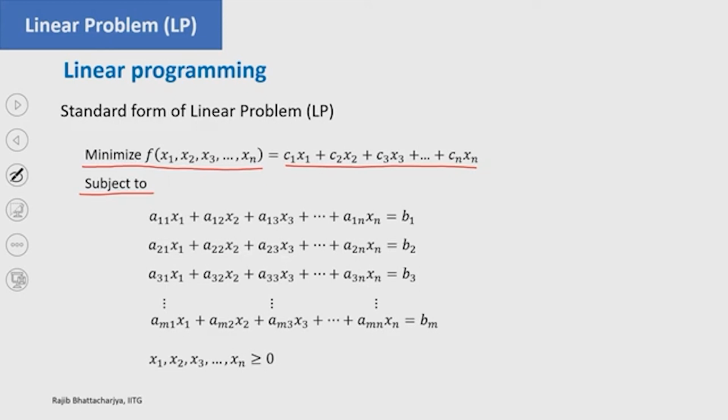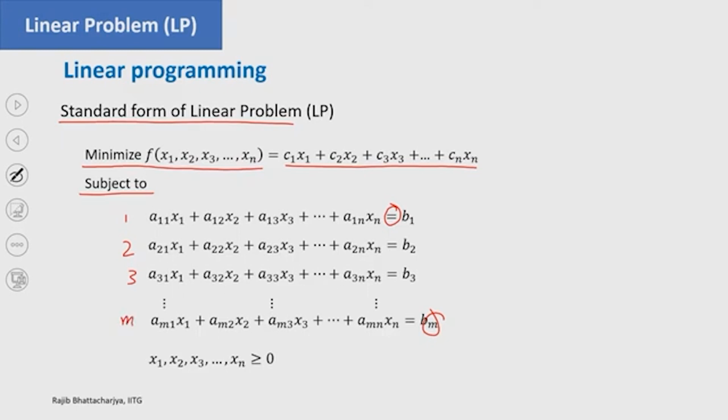In the standard form this must be an equality sign. It cannot be a less-than-or-equal type or a greater-than-or-equal type in the standard form of a linear problem. We may have a total of m constraints. This is constraint number 1, this is 2, this is 3, and this is your m-th constraint.